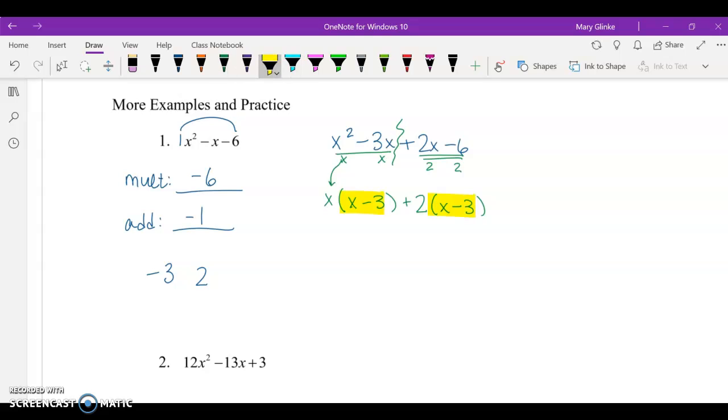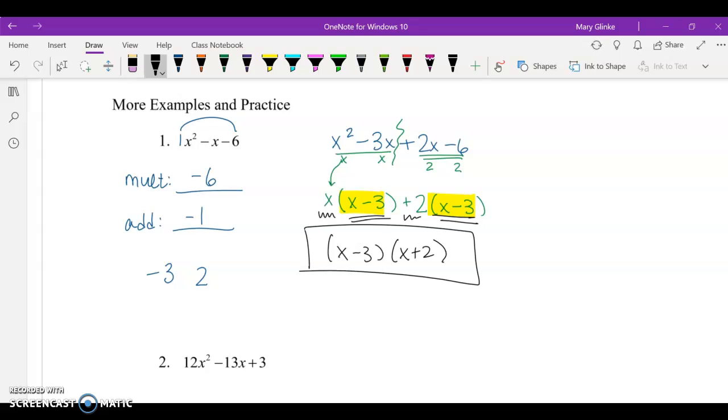Our two factors are the same, which means x minus 3 is one of my factors, and then x plus 2 would be my other factor. And then to check it real quick here, we get x squared plus 2x minus 3x minus 6, and combining like terms gives us exactly what we started with.